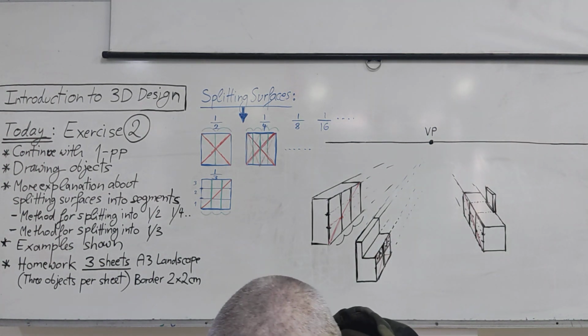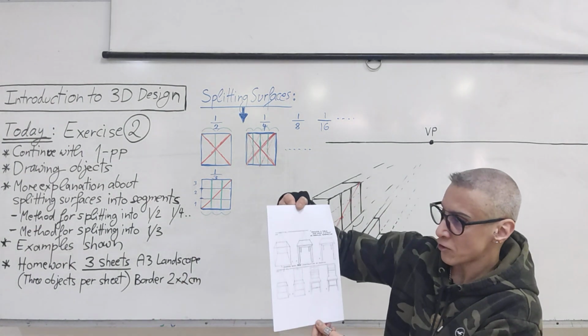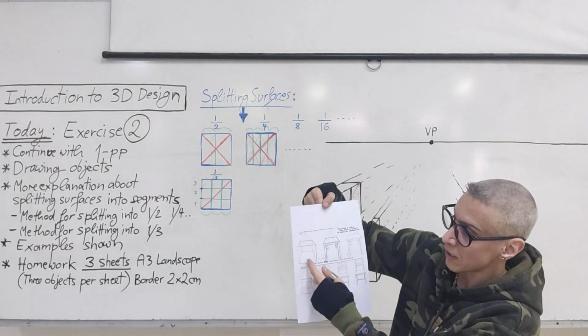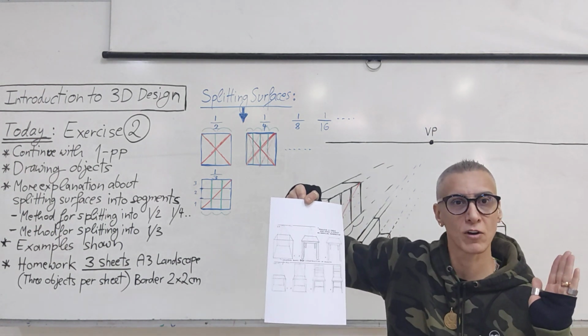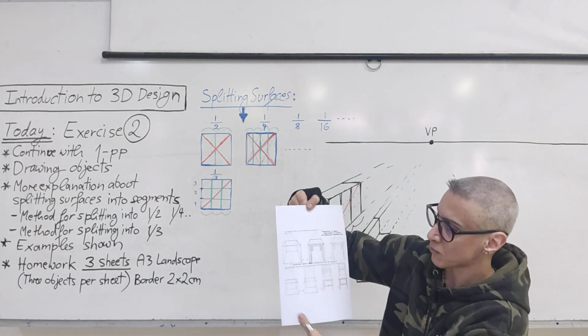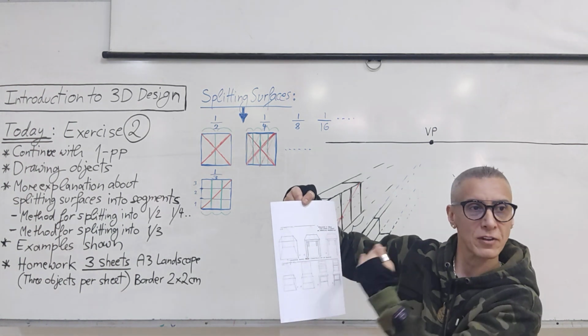What else do we have here? Here is a method of drawing a very simple table in one-point perspective. How you start with a cube. Everything starts with the basic object. So a cube, then you start finding the details, more details, more details. Here also, it starts with a cube, then you find the backrest, and so on.